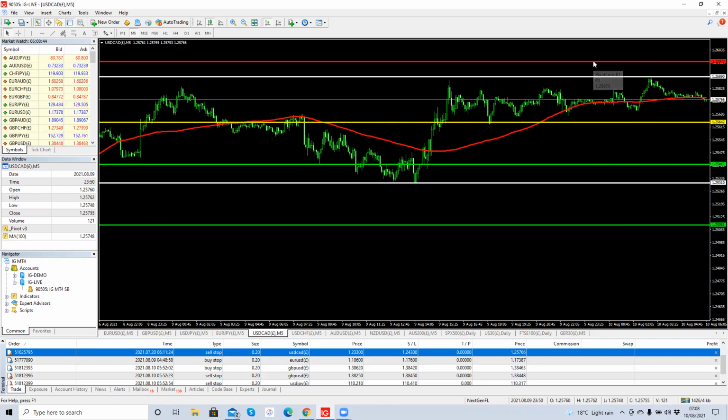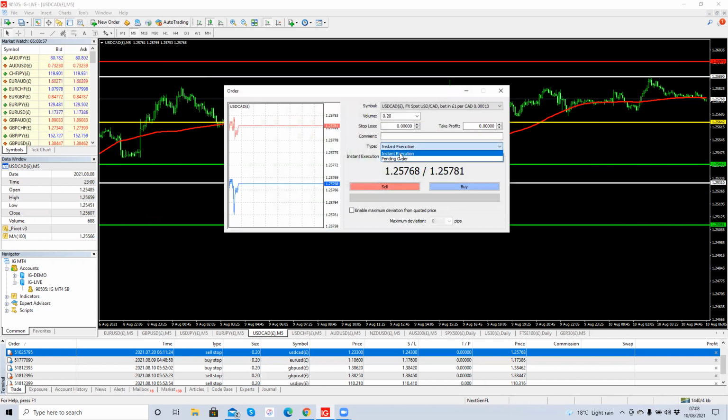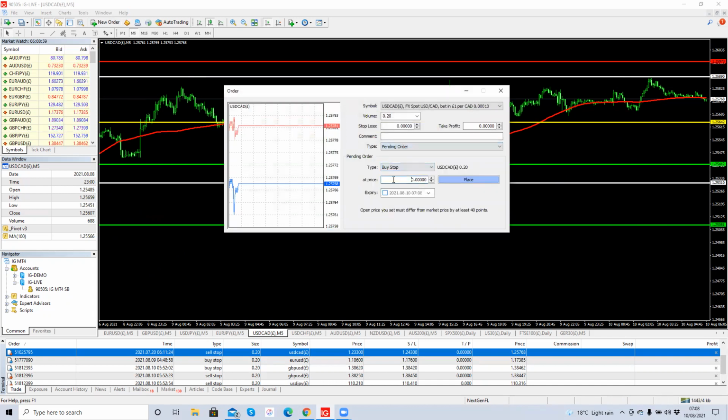So all I can do now is place a pending buy order just above R1. And you can see R1 there is 1.2597. So 2 pips above that is 1.2599. 2599. Stop loss 2579.